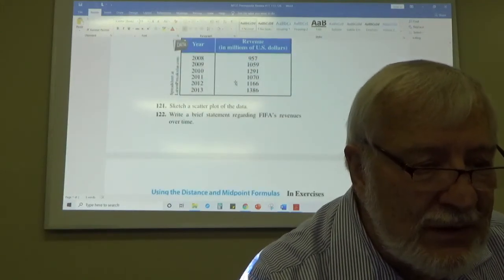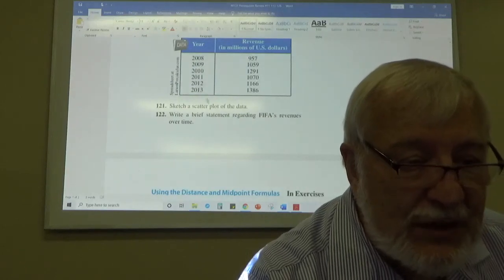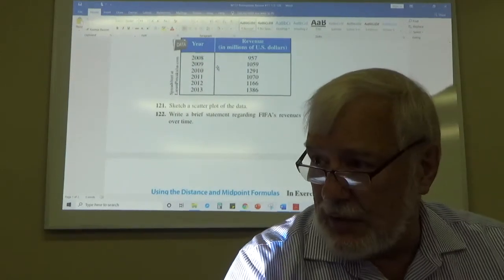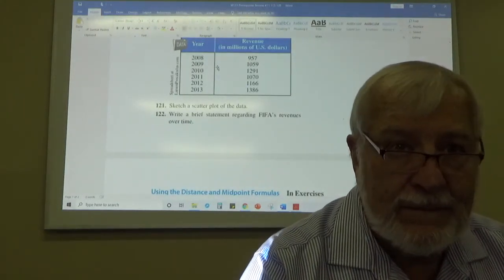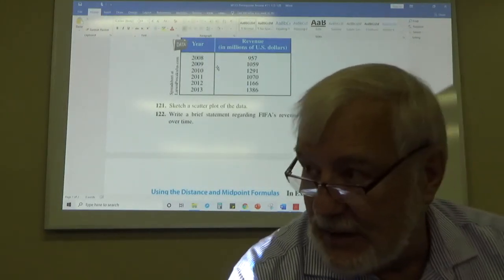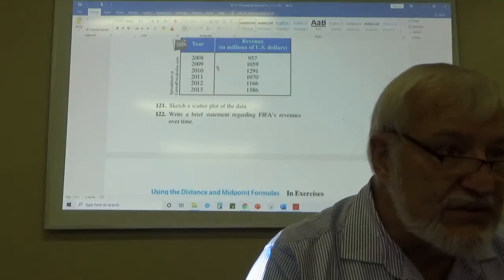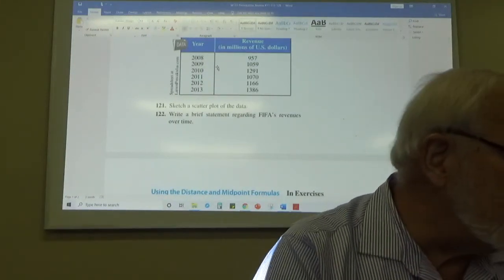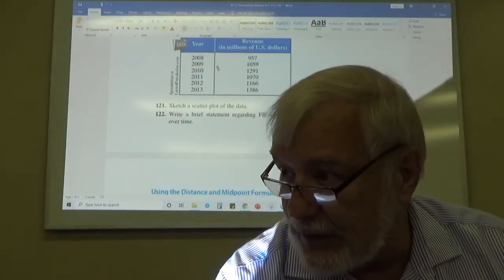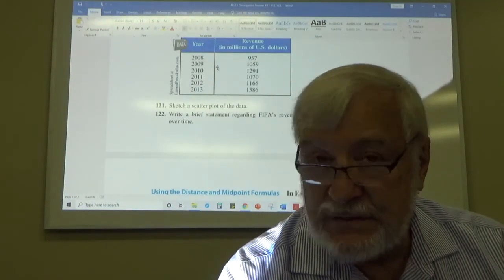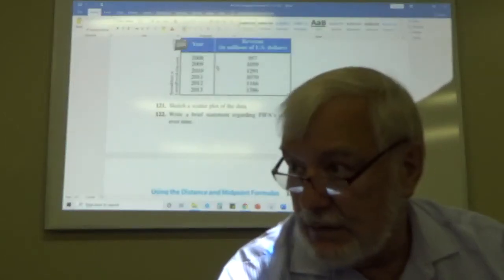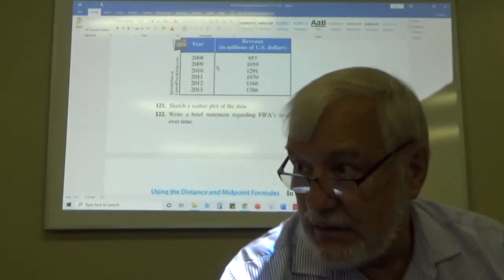And then this one, sketching a scatter plot. Do you know how to do a scatter plot on the calculator? Okay. A scatter plot on the calculator is done with stat. Press stat on your calculator.